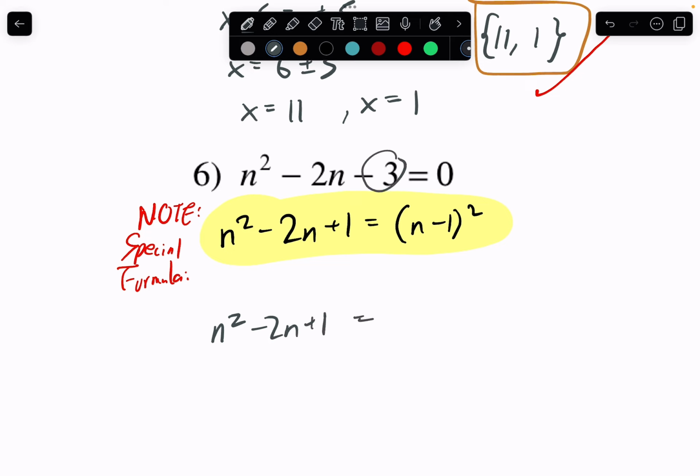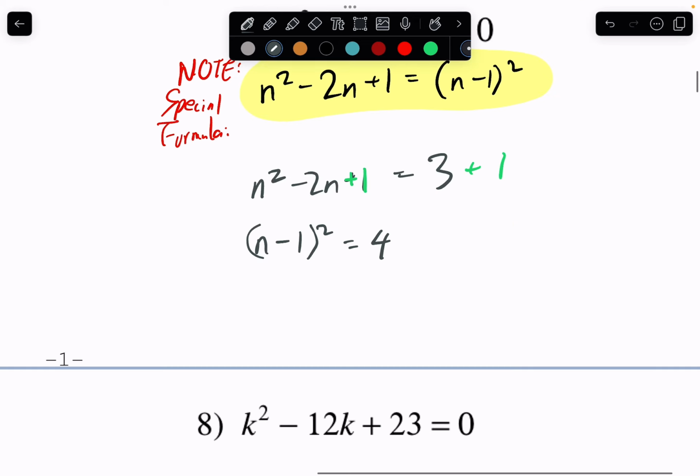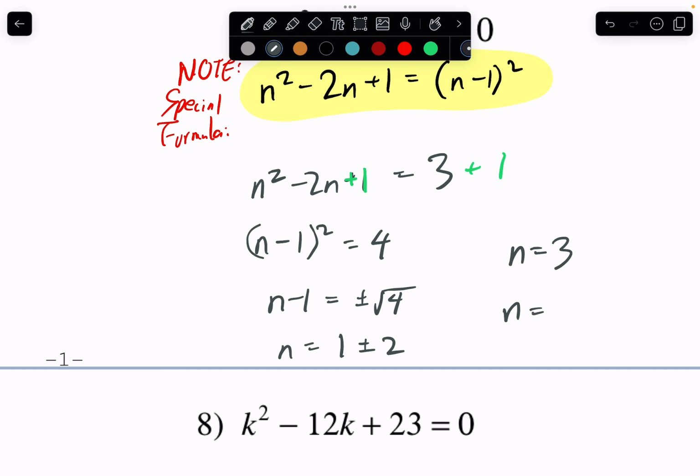And again, the constant is supposed to be on the right side always. So essentially, we just place a plus 1 here and a plus 1 there. And then we can factor. Okay, so from there on, we can say that the n values are 3 and -1.